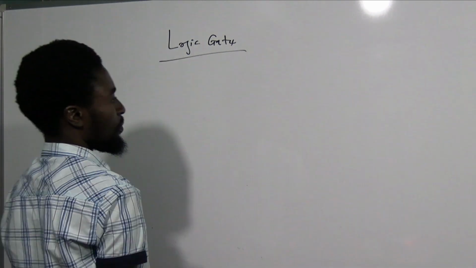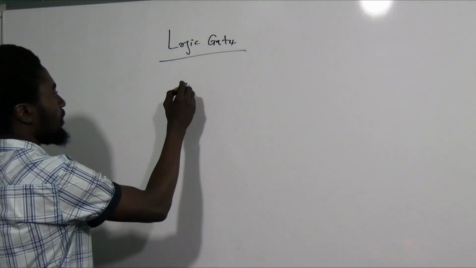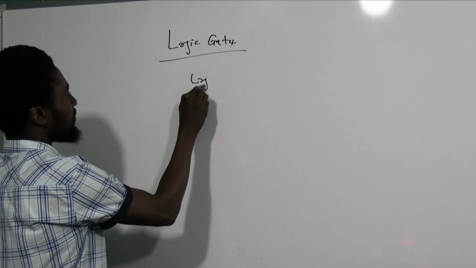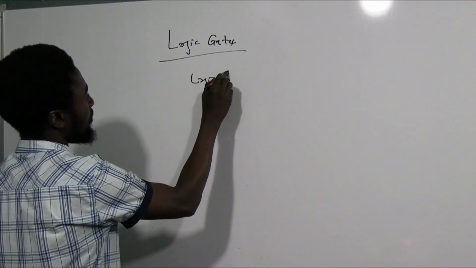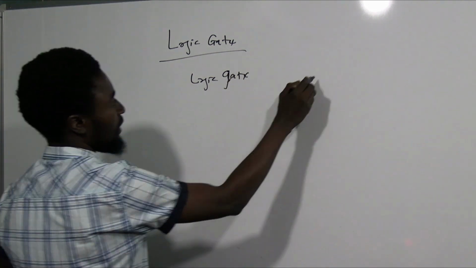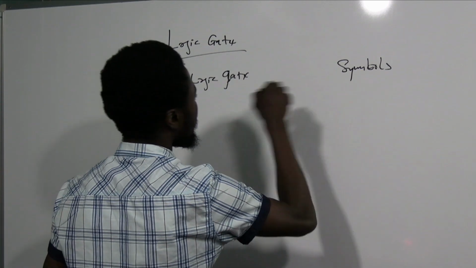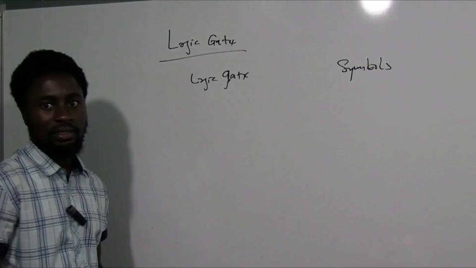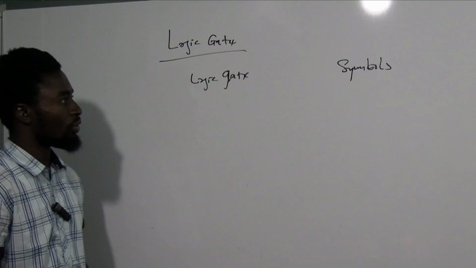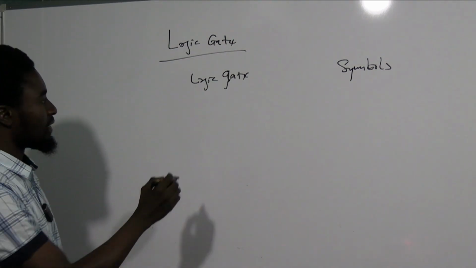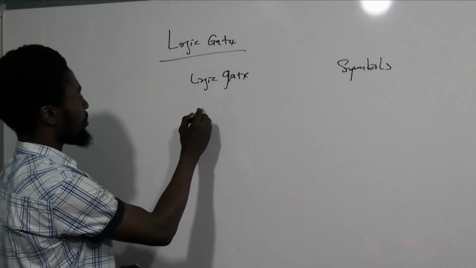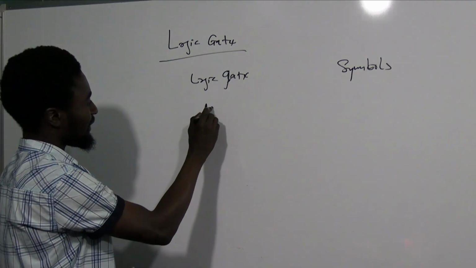So by the way, we say logic gates and their symbols. So the first gate, we are first going to look at the basic gate. So the basic gate includes the AND gate.